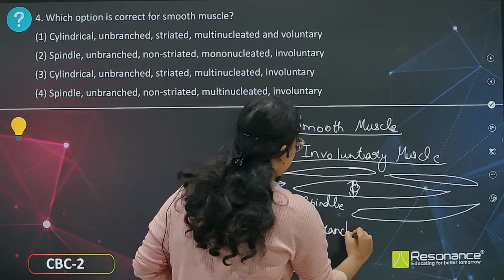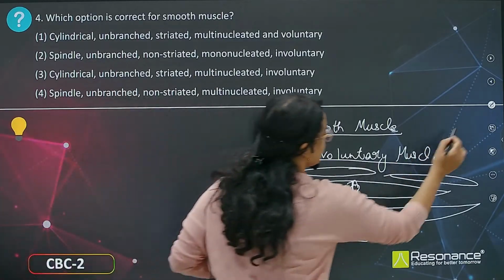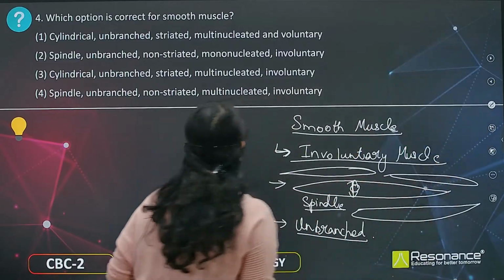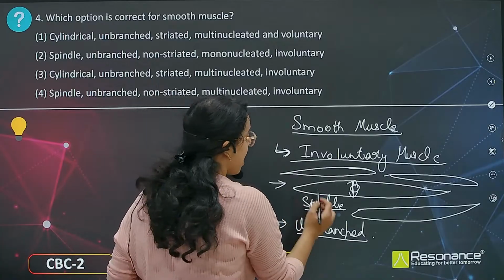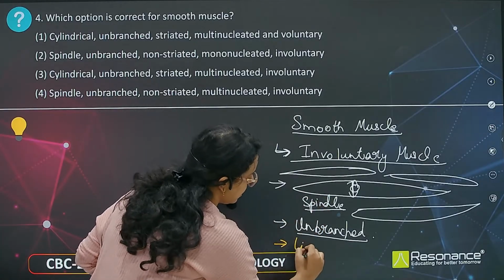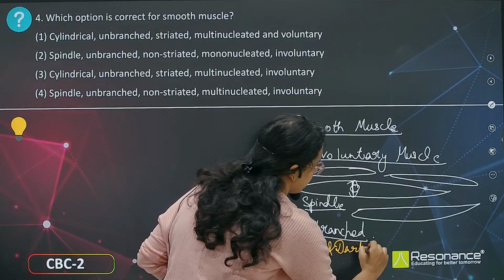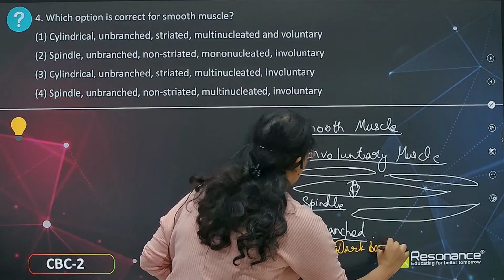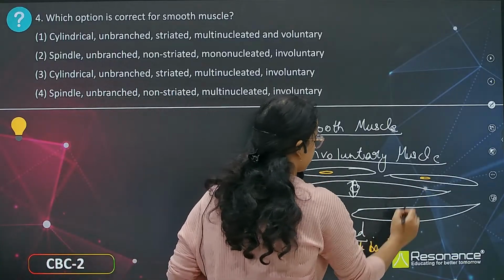So these are spindle fibers, unbranched. What else? They don't have striations. Dark and light bands are absent. They are uninucleated, they have only a single nucleus.